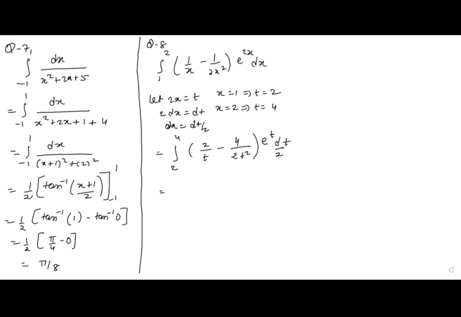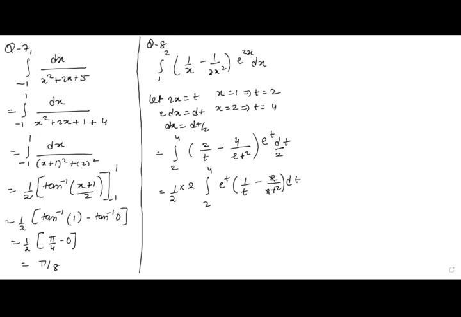So I can take this 2 common outside, and this also 2 from the numerator. So I am left with e raised to t bracket 1 by t minus 2 by 2t square dt.